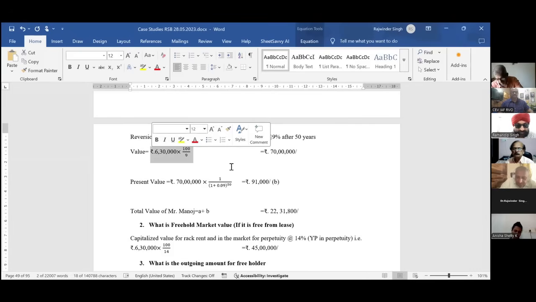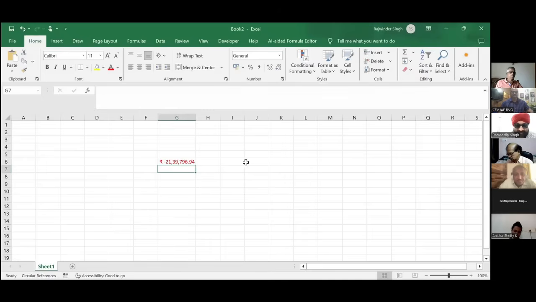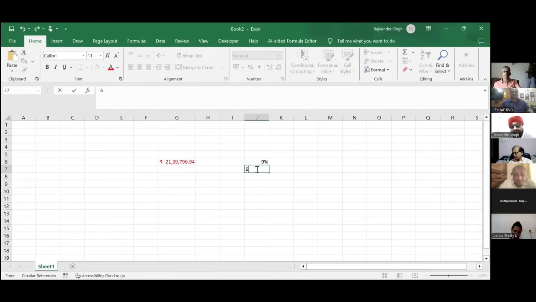Or you can also do it simply in Excel. If you want to do it in Excel, let us see how we will do it. Your rate of interest is 9%. Rent you will be getting is 6,30,000.